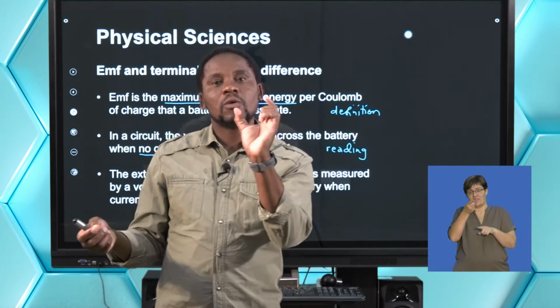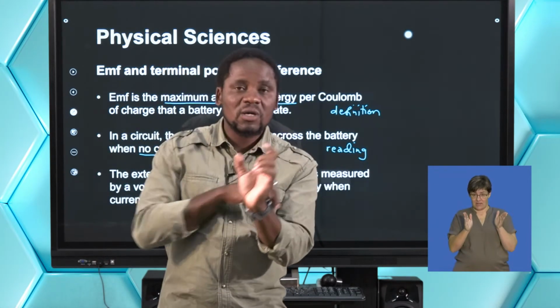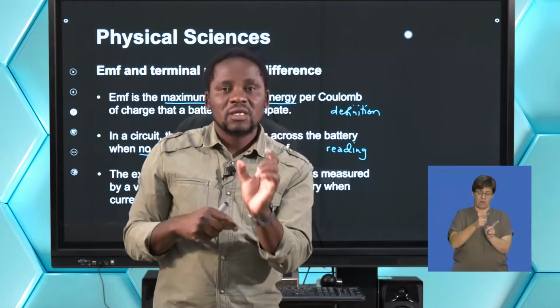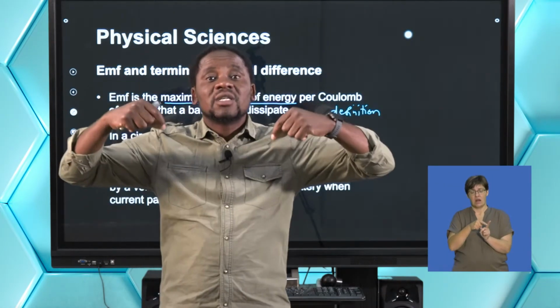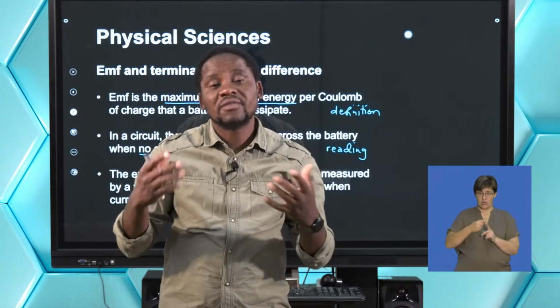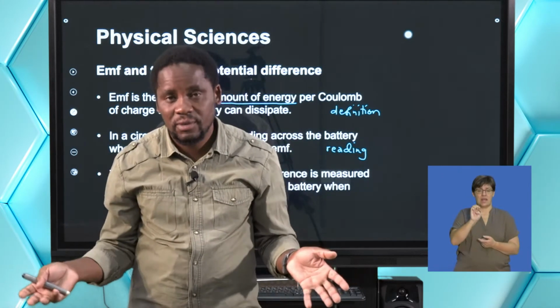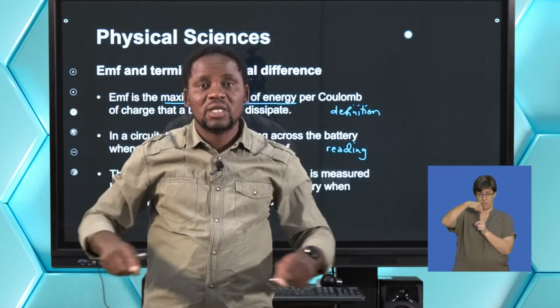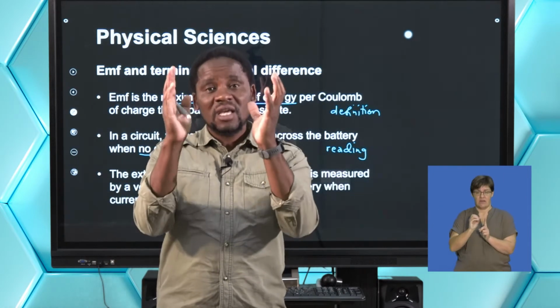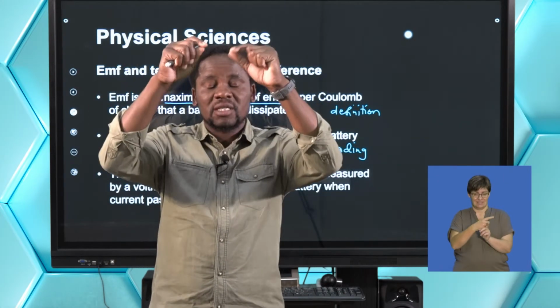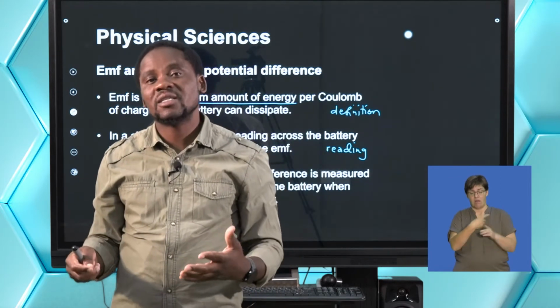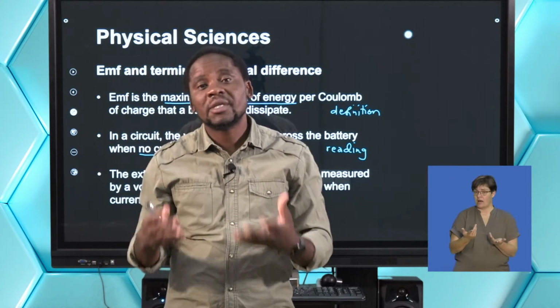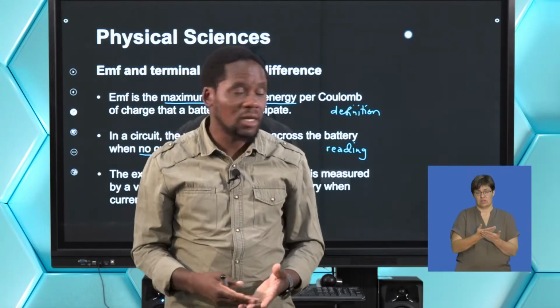So in an open circuit, when there is no current flowing, the reading of the voltmeter connected across the source gives us an indication of the EMF, okay? But the moment we close the switch, current starts to flow in the circuit. When that happens, the same voltmeter connected across the battery gives us an indication of what is called the terminal potential difference, okay? Right.